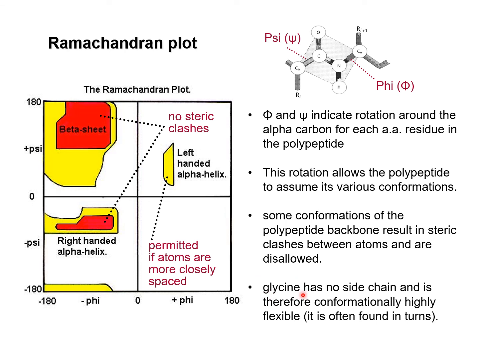And glycine, whose structure you can recall is the smallest one with no side chain, just a hydrogen atom, is therefore conformationally highly flexible. It can make loops, or be involved in the beta sheet or the alpha helix too, but it's pretty free, so it can form any loose structure.